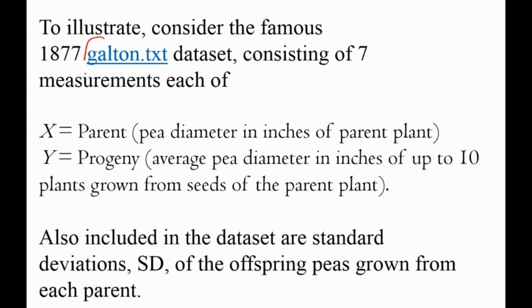Here is the data, gelton.txt. You can find it on the net. It's a famous data set that has the same measurements, and we have x variables and y variables. So what is the x variable? It is the diameter of the pea in inches of a parent plant. So we have the peanuts, right?